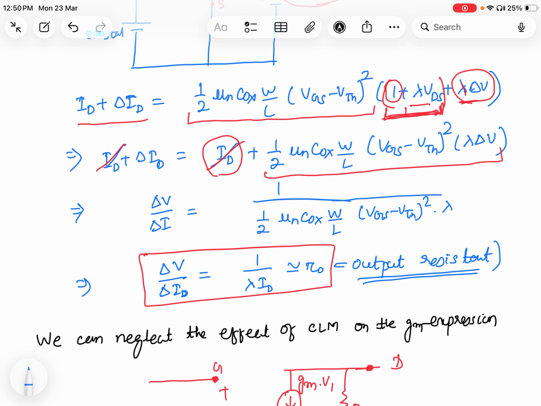Due to this channel length modulation, we are getting the output resistance R0, which is nothing but 1 by lambda ID. Correct, del V by del ID. So I'll get 1 by lambda ID.